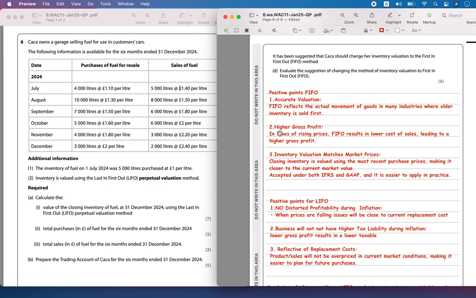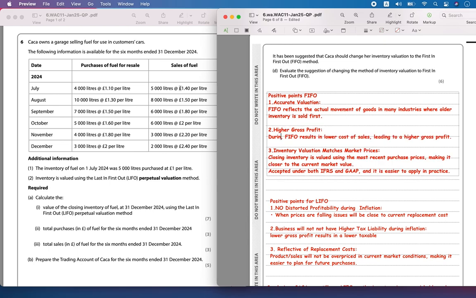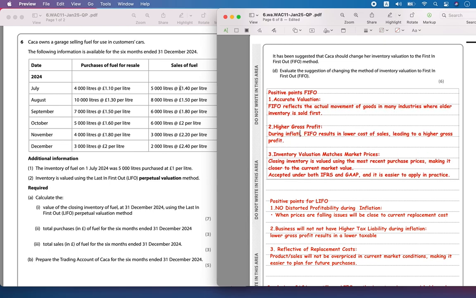During inflation, FIFO results in lower cost of sales, leading to higher gross profit, which is good for the business. So stakeholders will be happy.